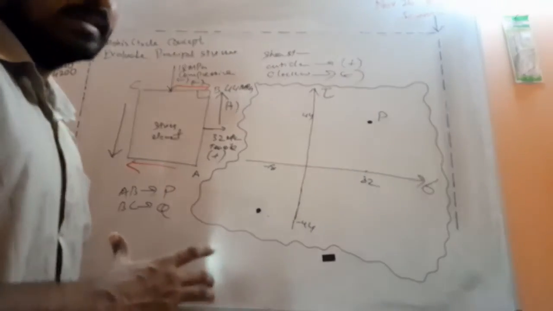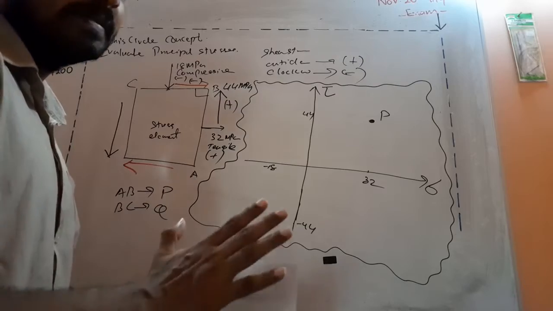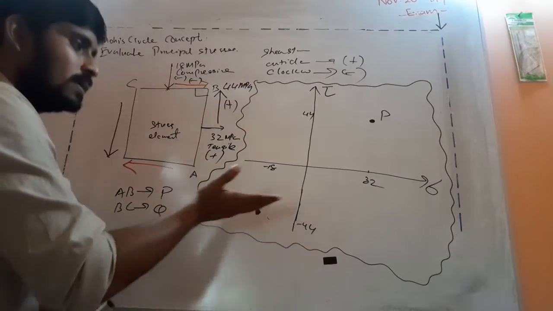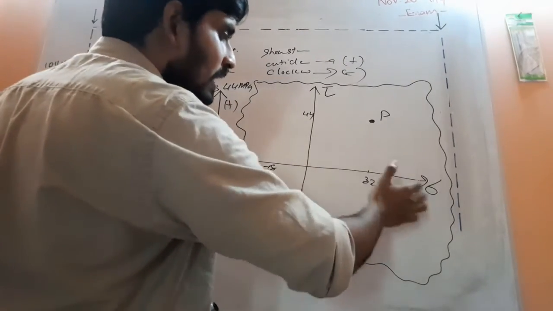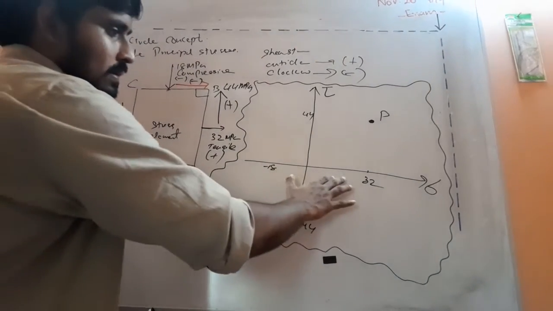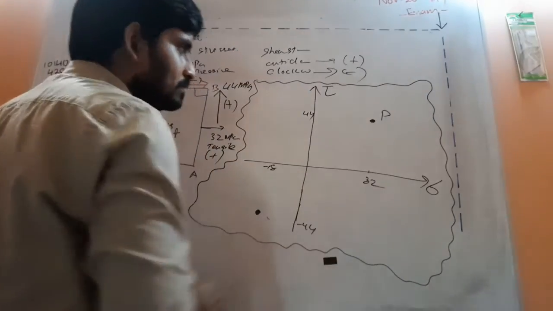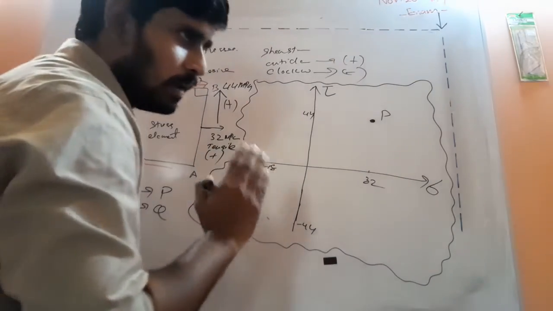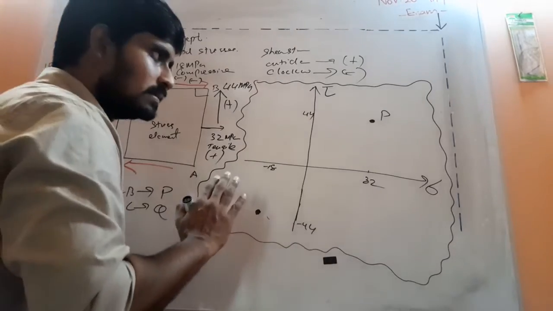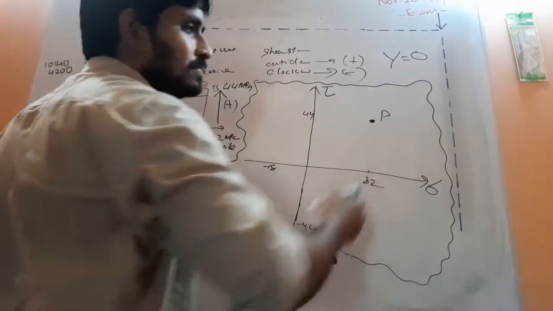So like that, guys, when we are going to find the center, definitely the center lies somewhere on the x-axis, because when we are going to consider the coordinate of the center, the y coordinate of the center is 0.